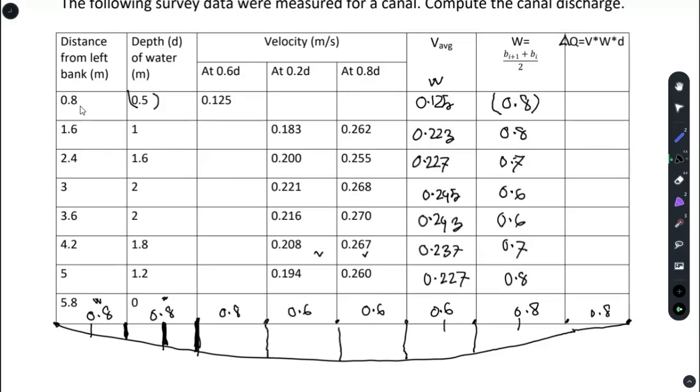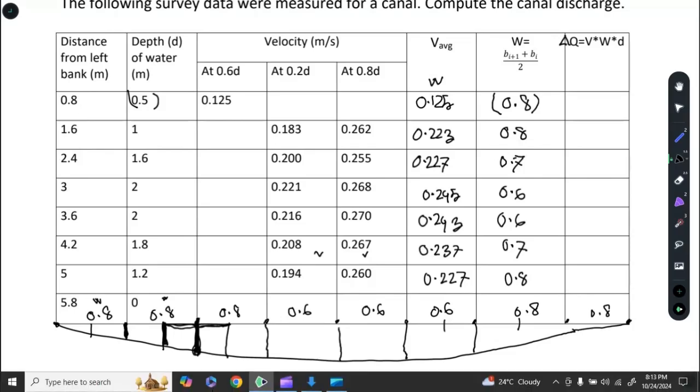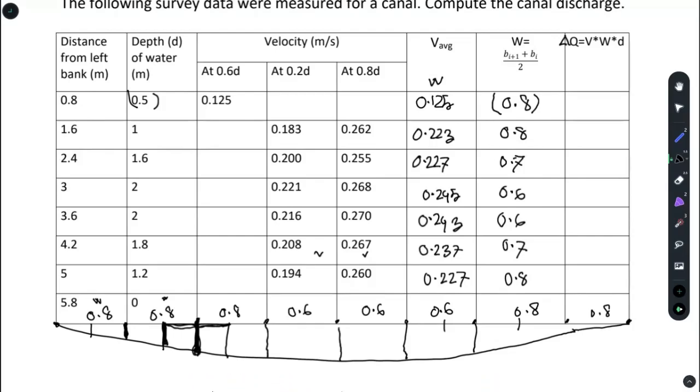For that area, you have this width, this width, and you have the depth here. So you multiply the width with the depth to get the area, and then you multiply the velocity to get the discharge. So for the first one, the discharge was 0.05, multiplying 0.8, 0.125, and 0.5.